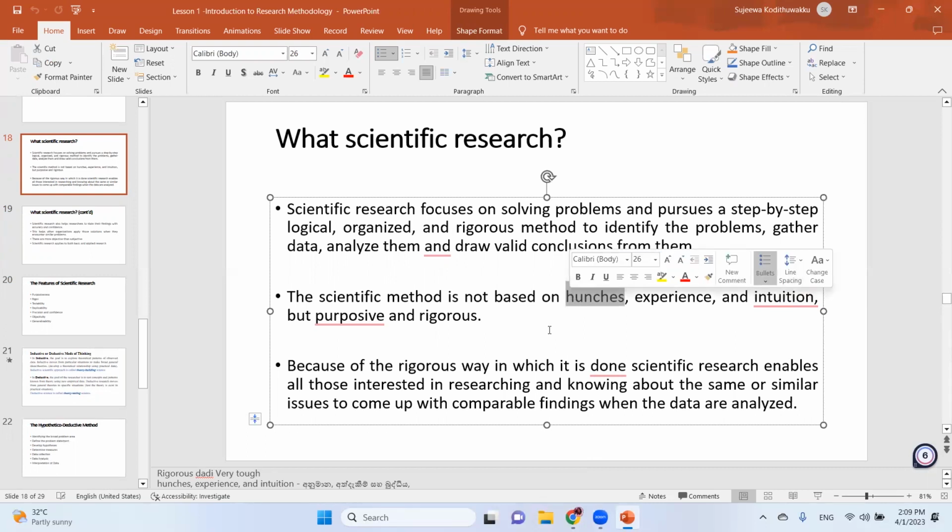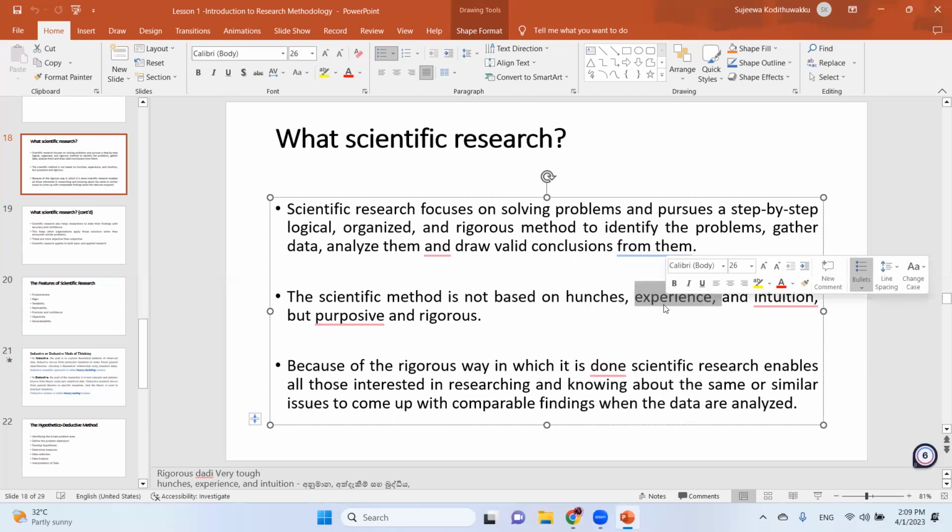If it's based on assumptions, it's not a scientific method, because you just assume that. Let's say the current economic crisis is because of Mr. Ranil Wickremesinghe. It's an assumption. Then you can't conduct scientific research based on that type of assumption. And you can't base it on your own experience either.